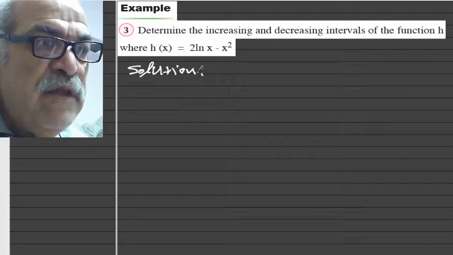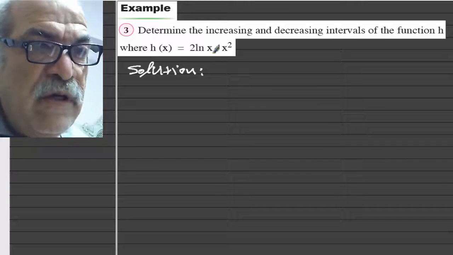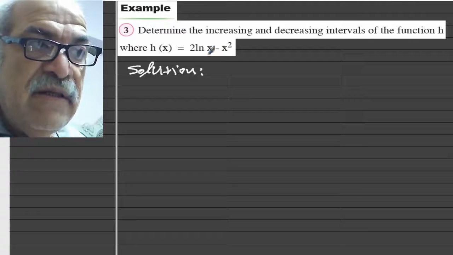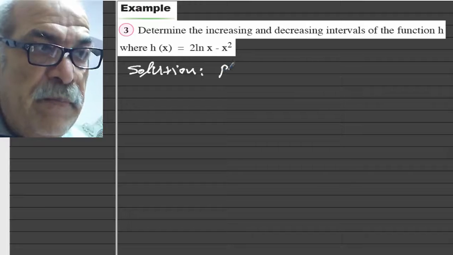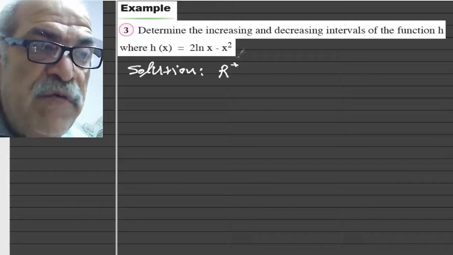What is the domain of this function? To determine the domain of h of x, you ask yourself, what is the domain of ln x? The domain of ln x is the set of all positive real numbers. And what is the domain of x squared?